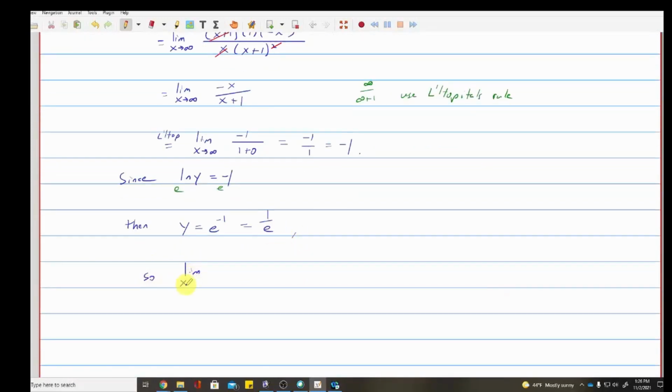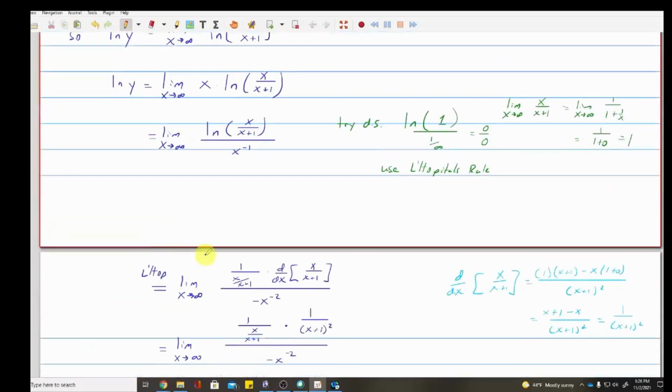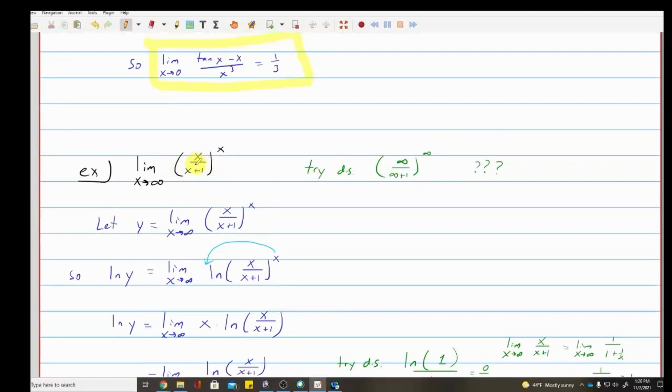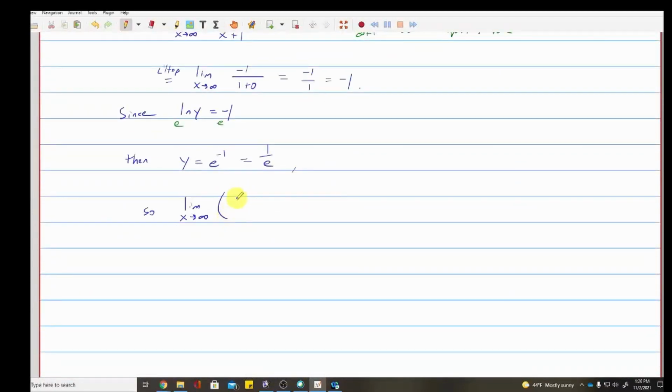So the limit as x goes to infinity of this thing that we started with, x over x plus 1 to the x, is equal to 1 over e. Okay, that's our examples. I think that's good for L'Hopital's rule.